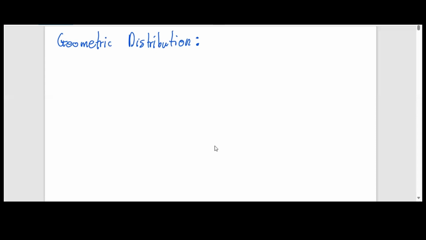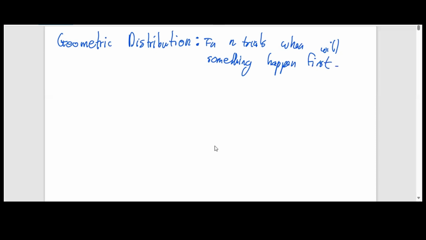The wording to look for is: in n trials, when will something happen first? That is basically the wording for the geometric distribution.